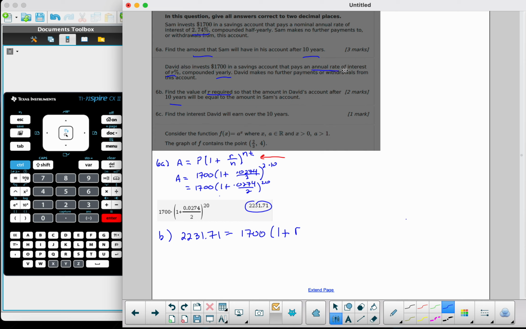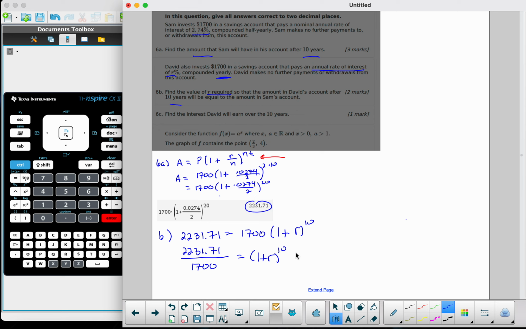An annual rate of interest compounded yearly, so once a year, to the N times T. So N is 1, T is 10, 1 times 10 is 10. So we just have to solve for R. Let's clean it up a little bit. We're going to take 2231.71 and divide it by 1700, and I'm going to leave it like that for now and say 1 plus R to the 10th power.